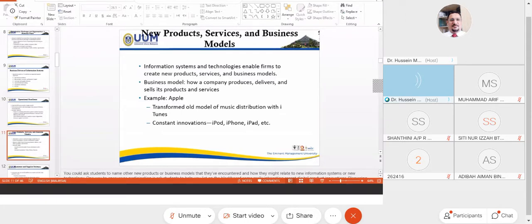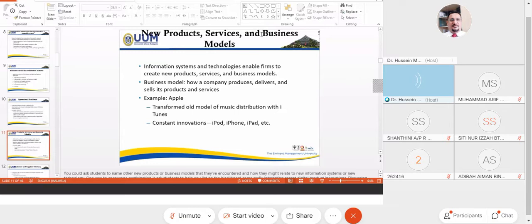The objective number two is new products, services, and business models. Why? Because now we have COVID 19. I give you a simple example, COVID 19. If we didn't have technology to reach customers, it would be hard to run our business. So what did companies do? They used a new business model to deliver grocery to your home.